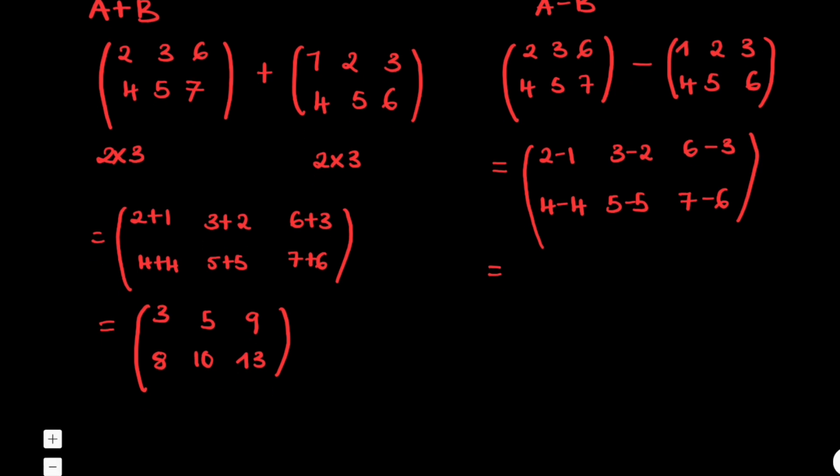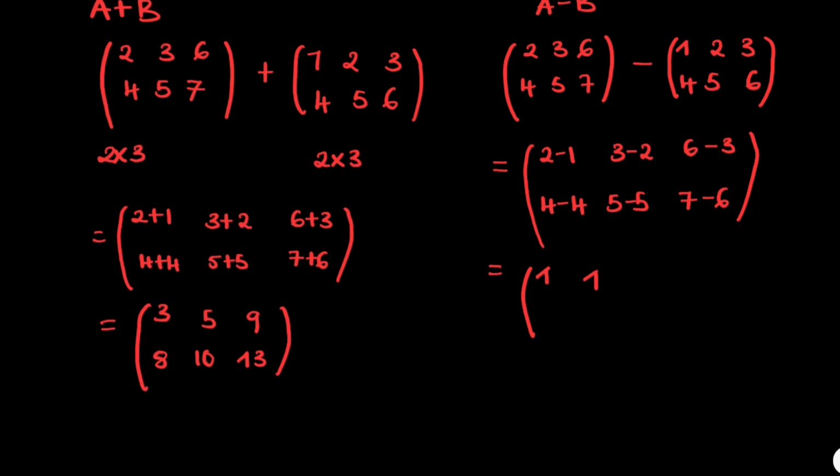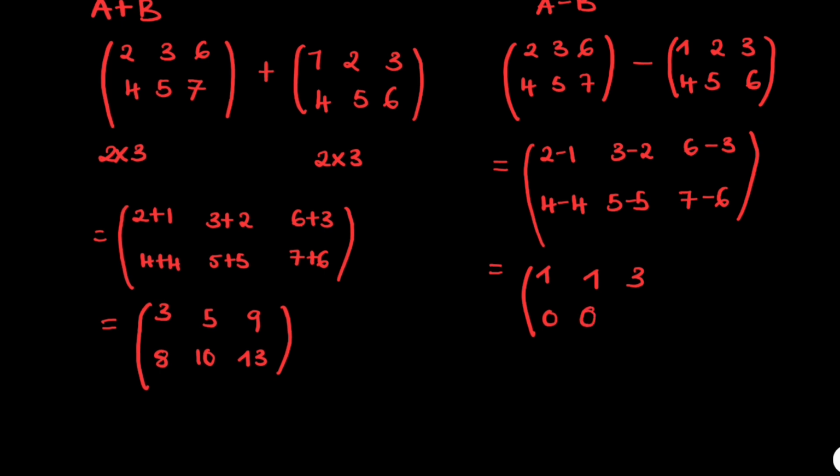So from here is simplification. 2 minus 1 is 1, 3 minus 2 is 1, 6 minus 3 is also 3, 4 minus 4 is 0, 5 minus 5 is 0, and 7 minus 6 is 1. So this is the subtraction of those two matrices. It is as easy as that.